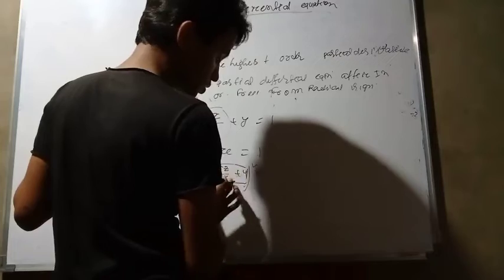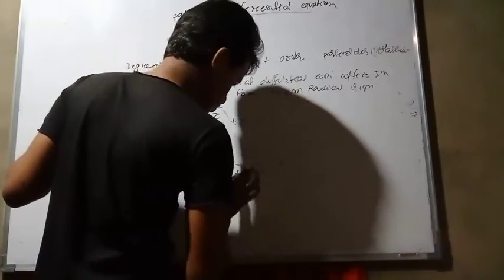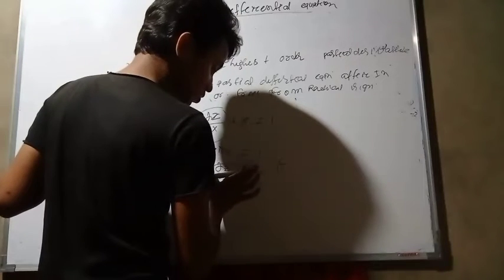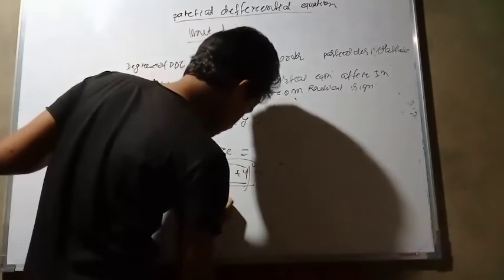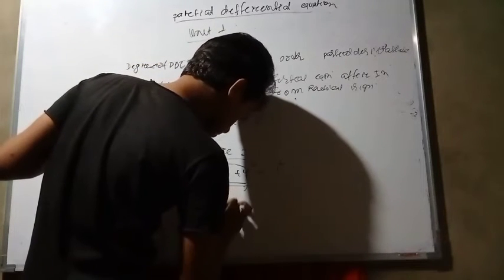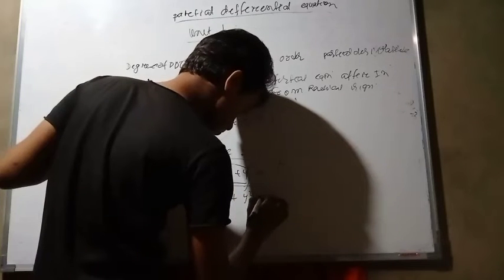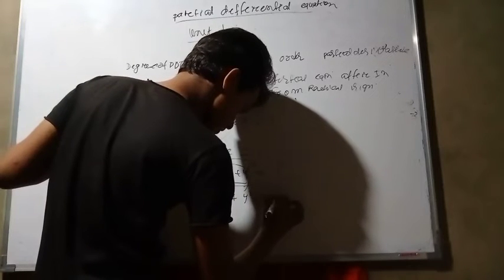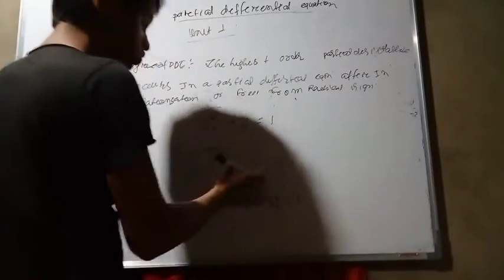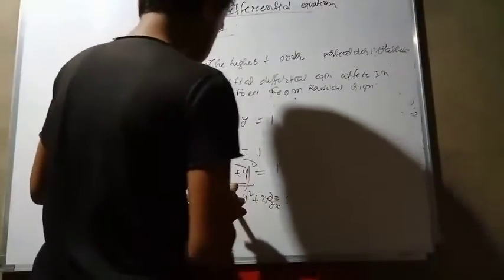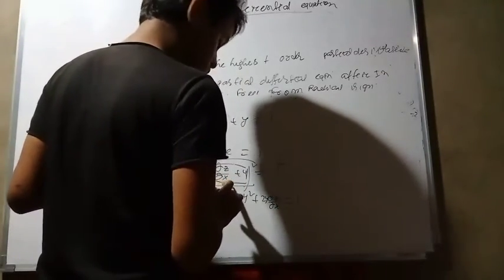We have to expand this equation: (del z/del x)² + y² + 2y del z/del x = 1. Here the highest order is 2.